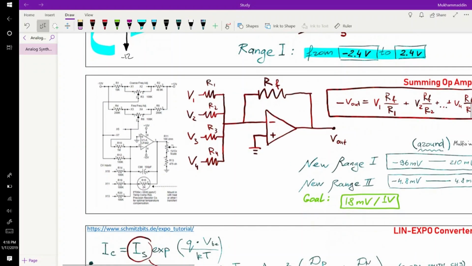Now, why is that important? Because of the way they're connected to this summing amplifier.